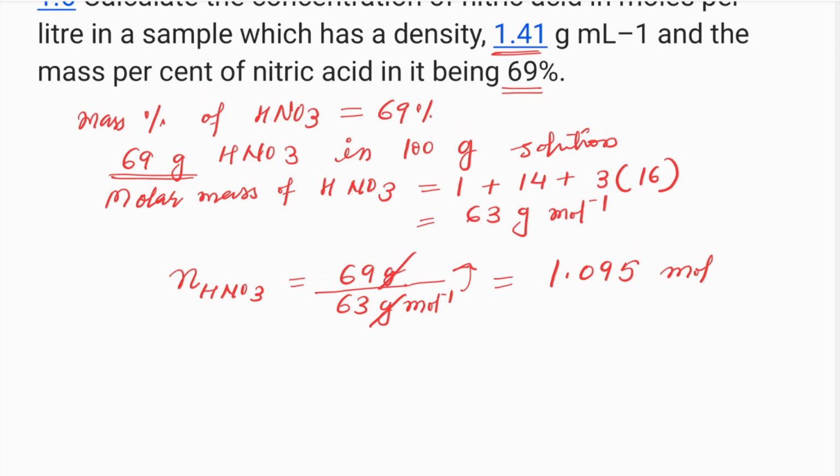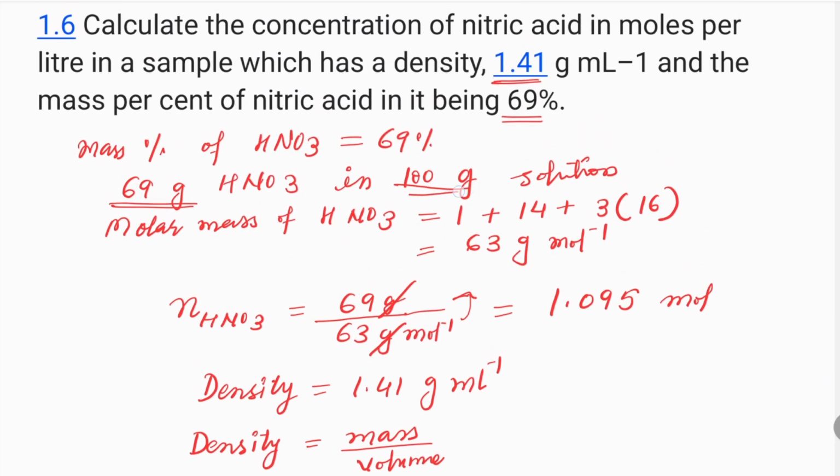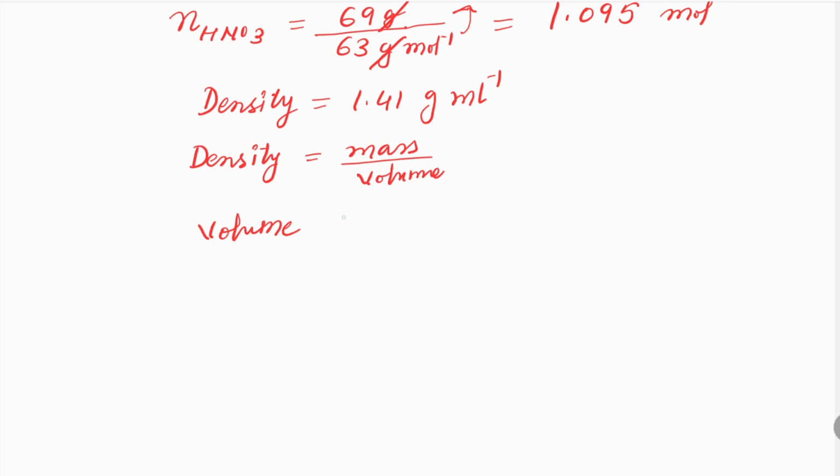We also have been given the density of this particular solution. Density is 1.41 grams per milliliter. And we have a formula of density. Density is equal to mass upon volume. So volume can be calculated. What we are calculating for is 100 gram of nitric acid solution.